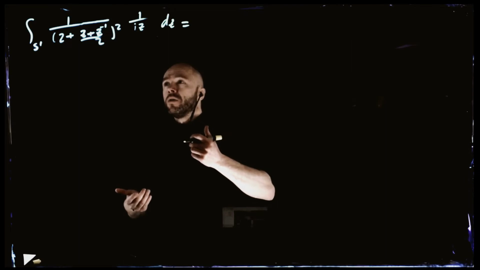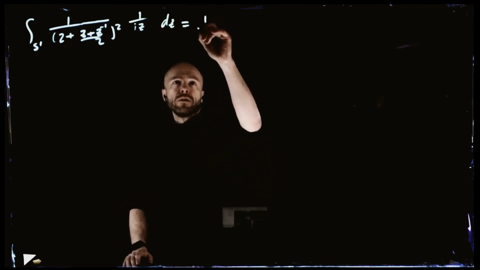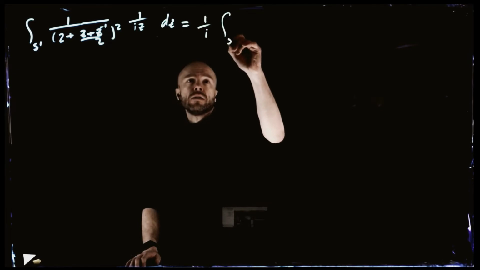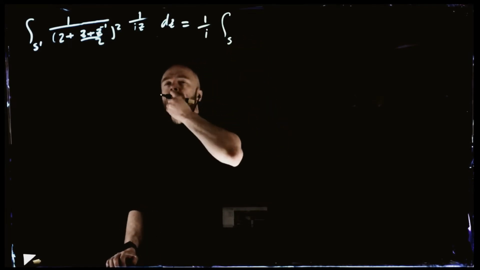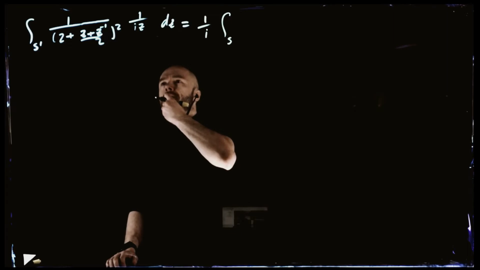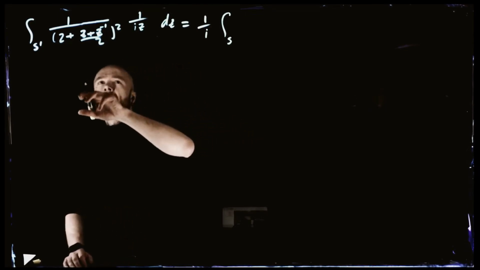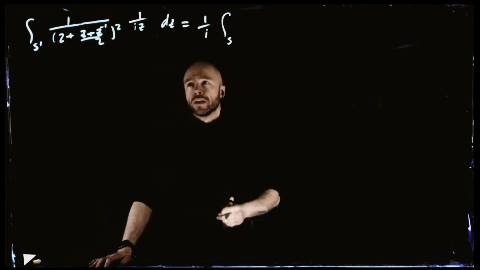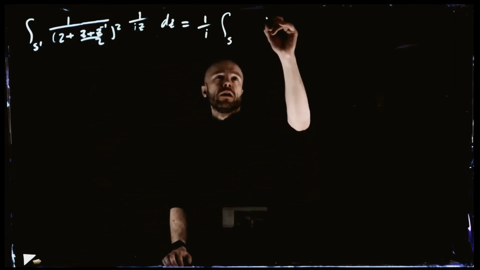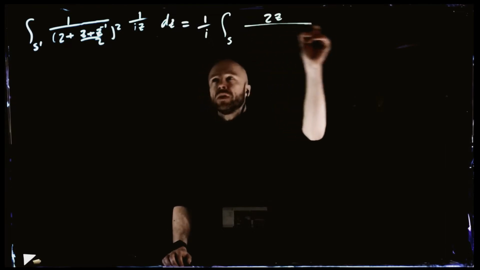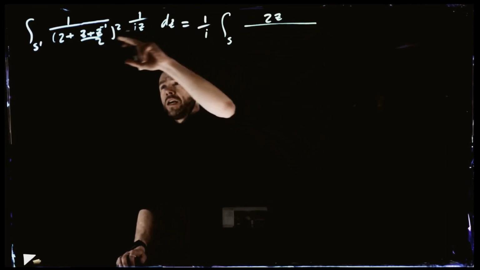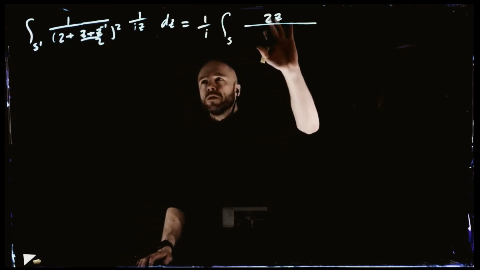So what do I want to do? Let me first of all take out the 1 over i, which is the same as minus i. I want to multiply top and bottom by z so that I can get rid of the z minus 1. And actually, I want to multiply top and bottom by 2z so I can get rid of the 2 here. So I'm going to have 2z on the top and because I have a z here, I'm going to have 2z squared. Actually, I want 4 because I want to take it inside the square.